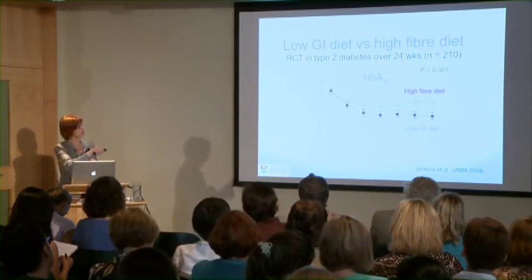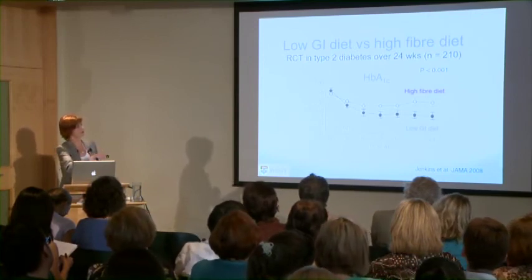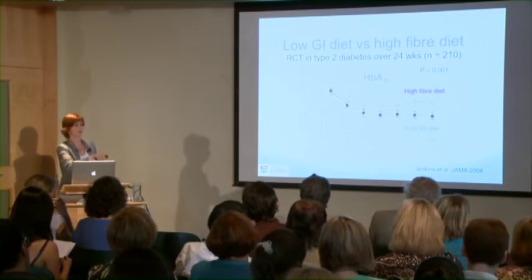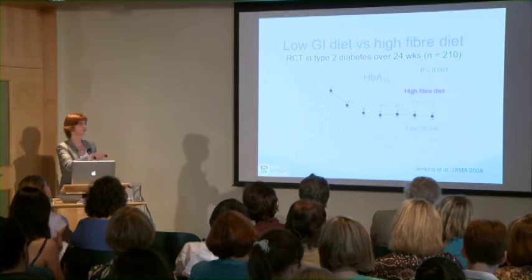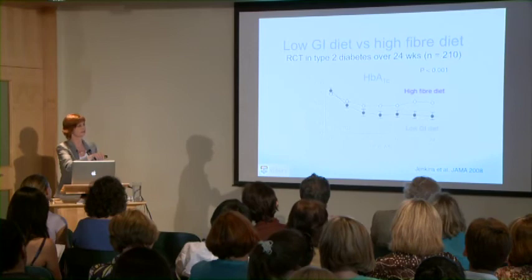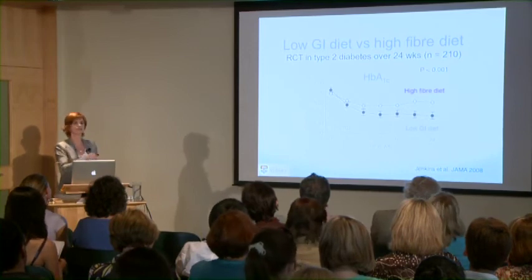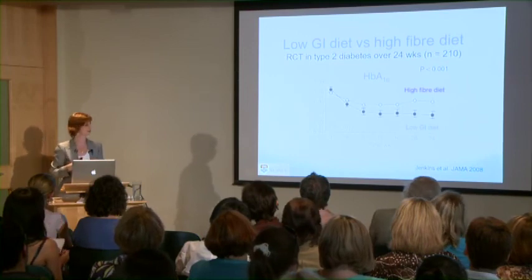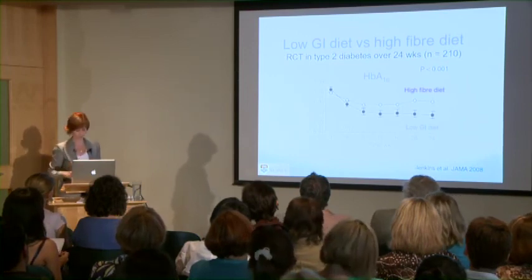And yet we still saw a better HbA1c reduction in those that were following the low GI diet. So this one might have had a tiny little bit more fiber, but not enough to make a difference. And they didn't get told you have to eat brown everything. It was a much more palatable diet for most people.